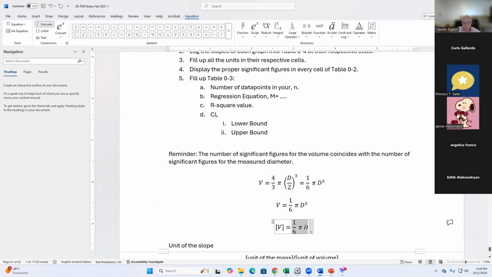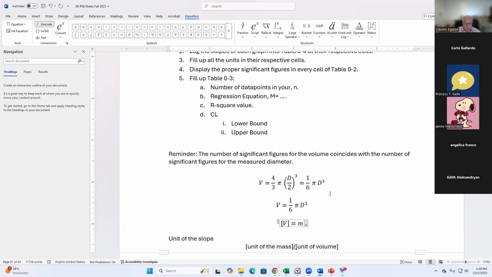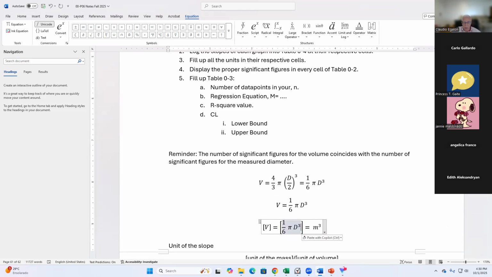Unit of the volume, cubic meter. Did you get the idea? You have to do the dimensional analysis of the equation. The 1/6 and the pi don't have any units whatsoever.